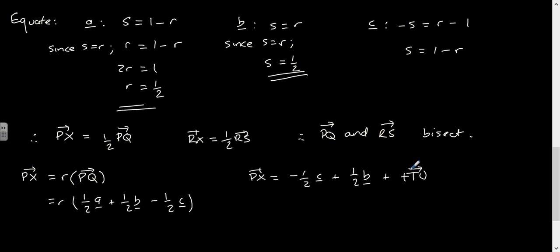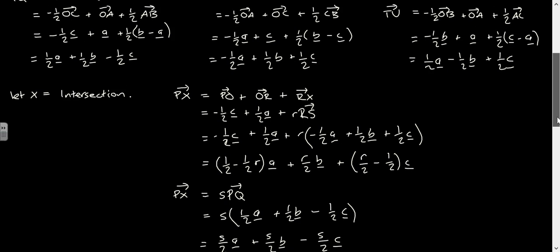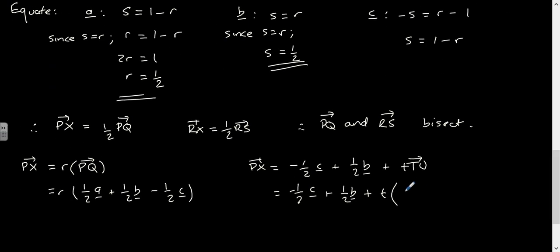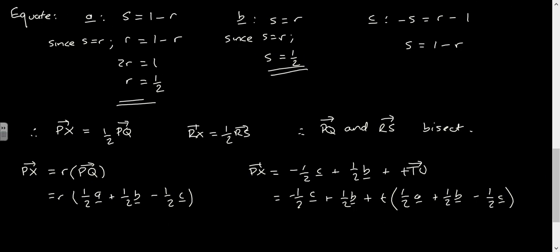Okay. So that's going to be minus half C plus half B plus t multiplied by my TU vector, which was half A minus half B plus half C. Just double check I've written that down right. Oh, minus the B plus the C. Always worth checking, isn't it?